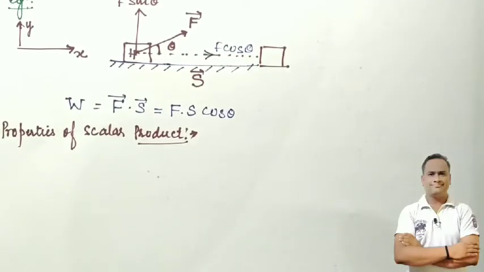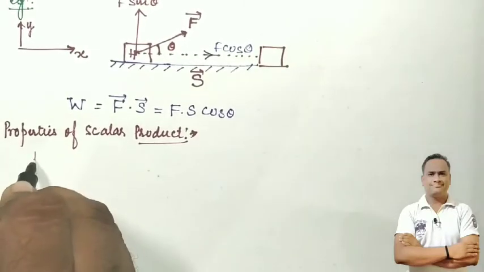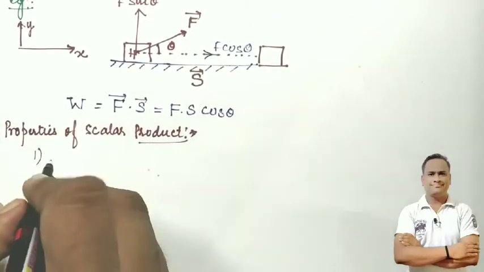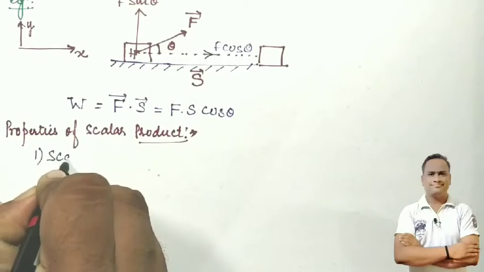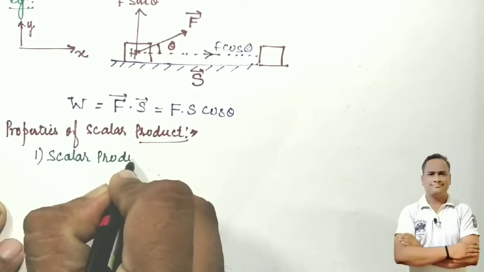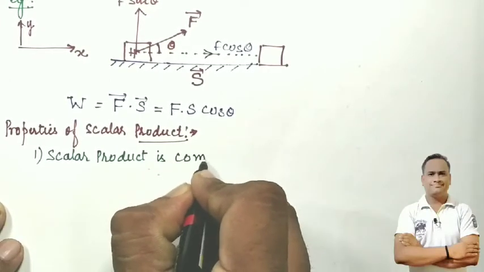In a similar way, the scalar product has the same properties, so I will only give you a glance. We can write that the scalar product of two vectors is commutative.